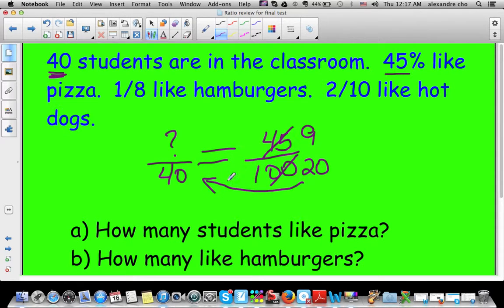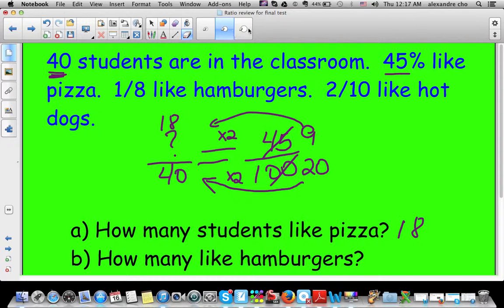How does a 20 become a 40? Times 2. And I'm going to apply the same multiplied by 2 on the top, and it gives me 18. So if there are 40 students, if I say 45% of them like pizza, that means 18 of them like pizza. So I can write 18 right next to this question over here.